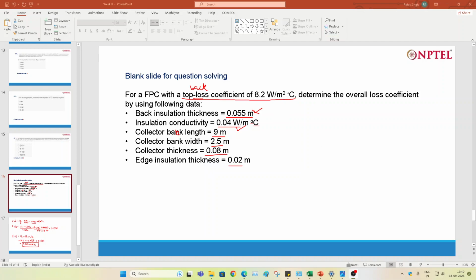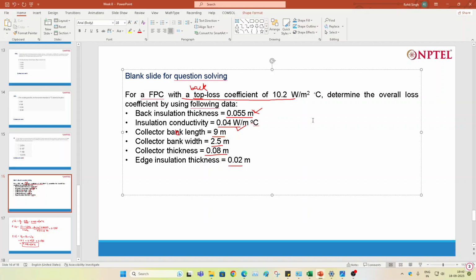Let's say this is the back loss coefficient. Let's change the value of this to some other value. Let's say it's 10.2. So what will be the change here?